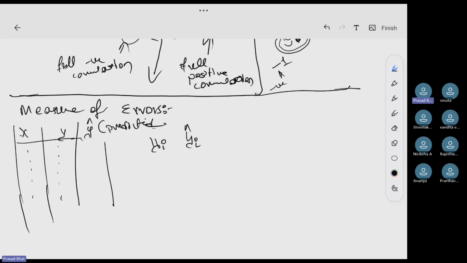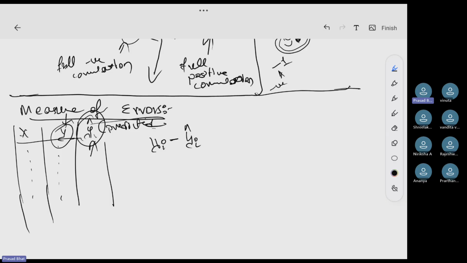Hope this is clear, right? Now the measure of errors actually measures how much error my AI made in predicting the y value. So how do I find out? It is yi, the actual y value, minus the predicted value. It is pretty simple, straightforward, correct?